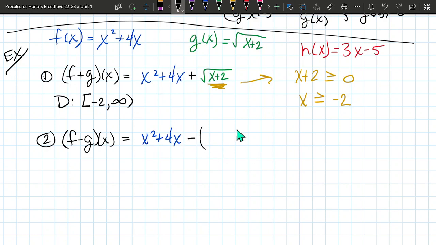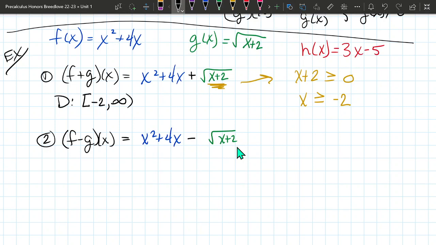So we want to use parentheses because we don't know what's going in there. And then the square root of x plus 2. Okay, so our parentheses didn't really do anything because there was just one single piece in there. I guess we don't really need them. You could write it again, but there we go. And then there's nothing we can really do with that.